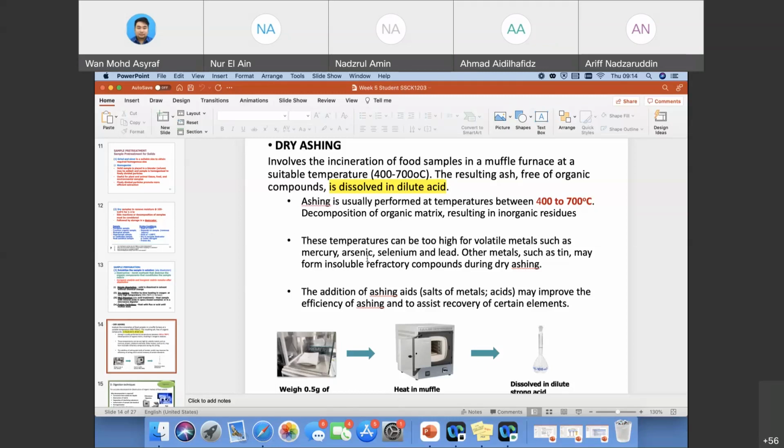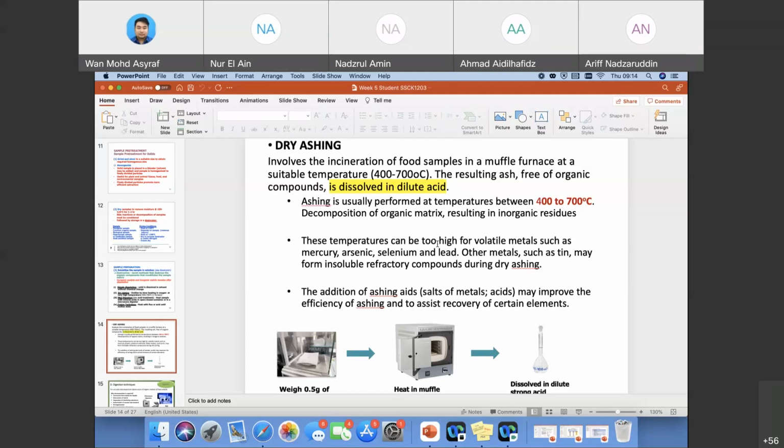This temperature can be too high for volatile metals such as mercury, arsenic, selenium, and lead. Other metals such as tin may form insoluble refractory compounds during dry ashing. So these are the downsides of dry ashing as well.